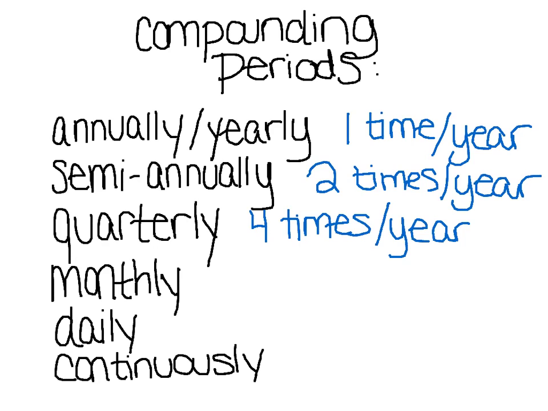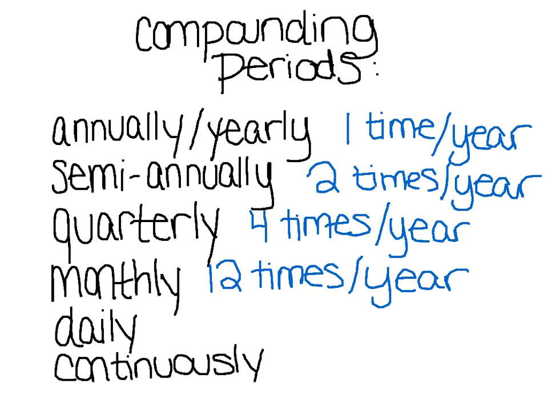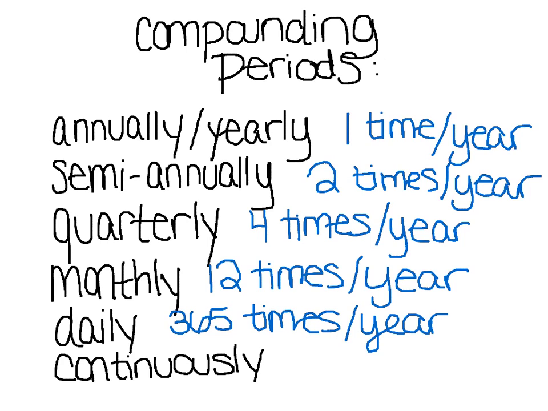Hopefully monthly, you already know this, 12 times per year. 1 time a month, 12 months in a year. This is monthly. Daily, that's 365 days. So, 365 days in a year. So that's 365 times per year. I'm sure there's someone out there right now thinking to themselves, well, what about leap year?